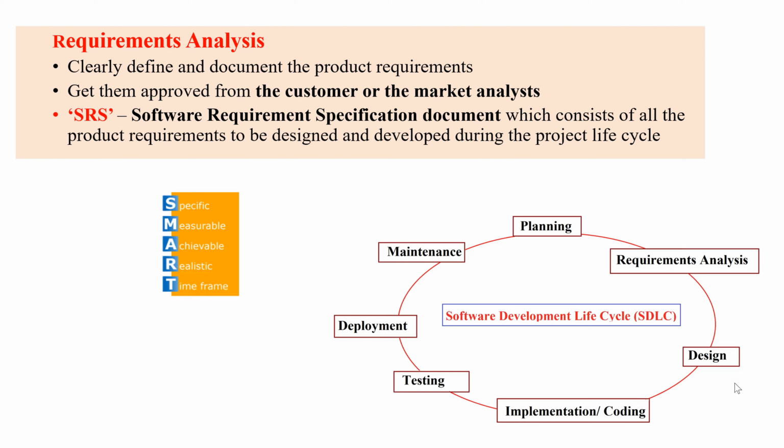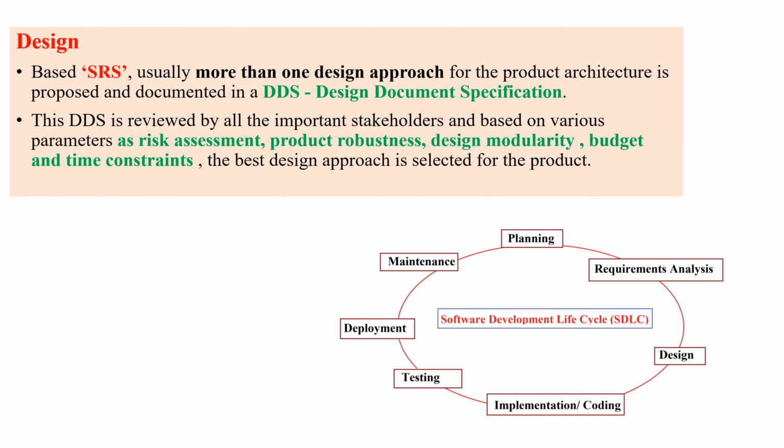After requirement analysis, the next stage is the designing stage. This designing stage will provide the blueprint of the project. So how does it work? Let's begin with the designing stage. In the designing stage, we already have the software requirement specification document, and multiple approaches will be proposed for the project architecture and documented in the DDS document, the design document specification.